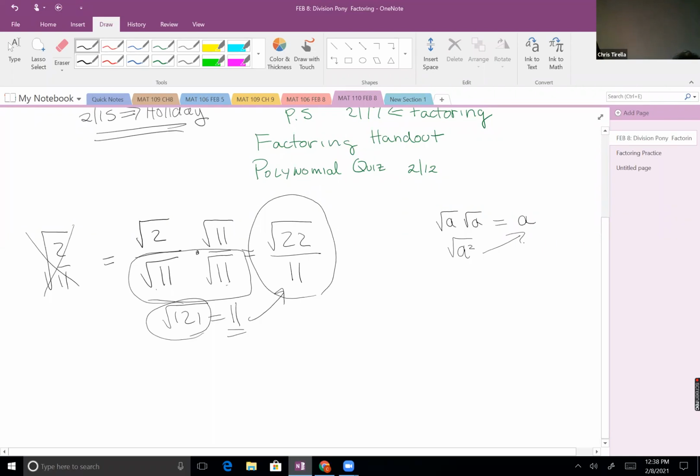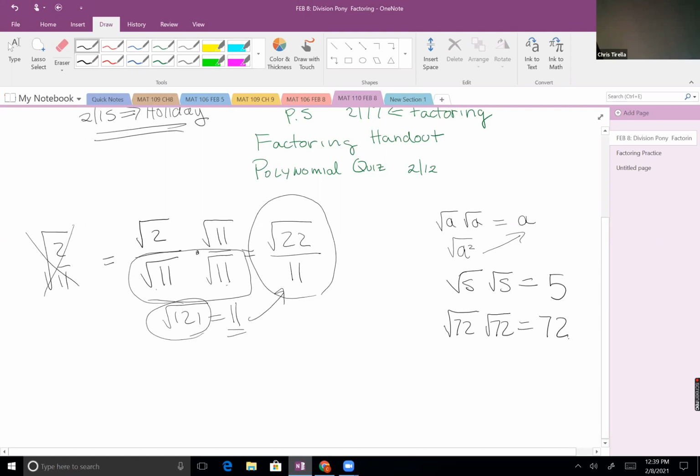So if I had the square root of 5 times the square root of 5, that would give me the square root of 25, which is just 5. If I had a square root of 72 times the square root of 72, it turns out to just be 72.